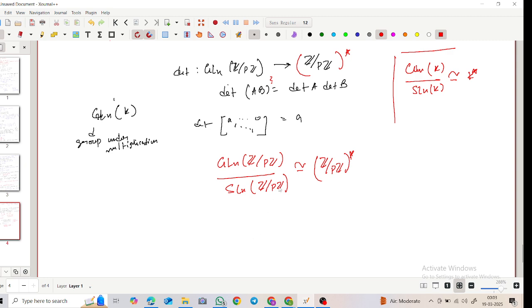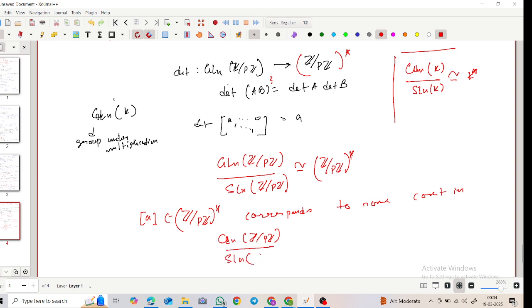You understand? Because then every element in Z mod pZ star corresponds to some coset in GLN.